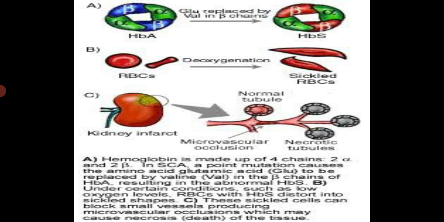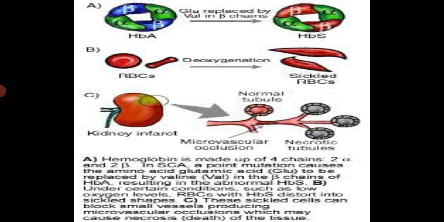Under low oxygen conditions in an RBC, the RBC takes a sickle cell type of shape, and these sickled RBCs block small vessels producing microvascular occlusions.